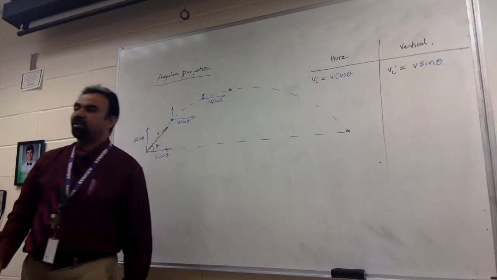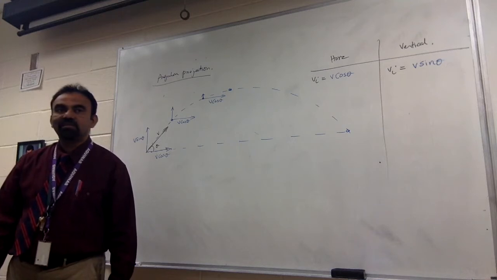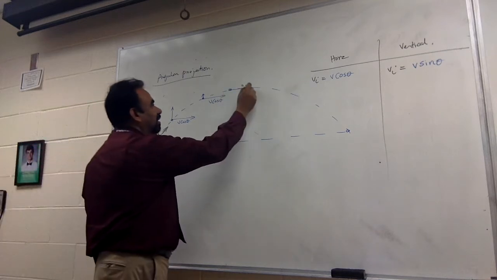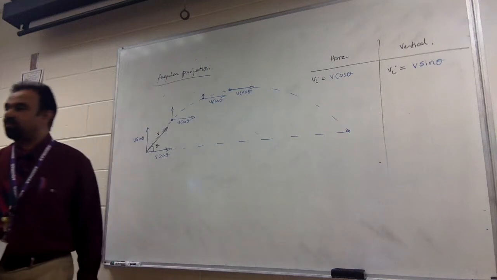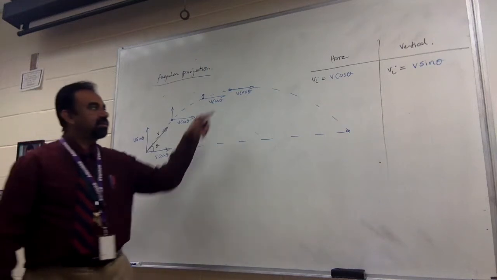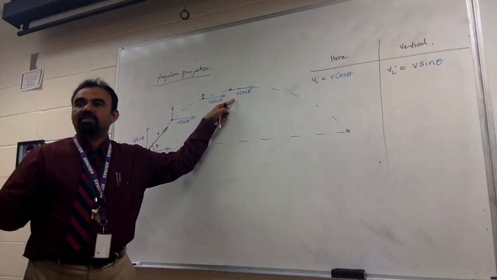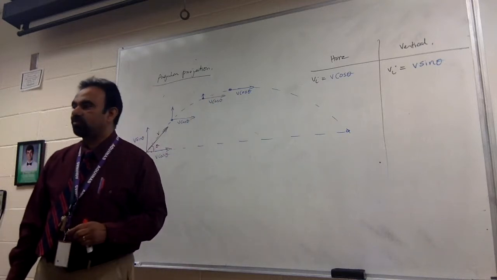What on the very top? Is it moving on the very top? It's moving horizontally. At what speed? V cosine theta. That is always going to be the same. So don't say it stopped moving. No, it's not stopped moving. Horizontal component is still there, which is V cosine theta. What's the vertical component here? 0.